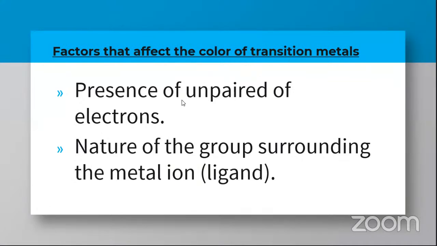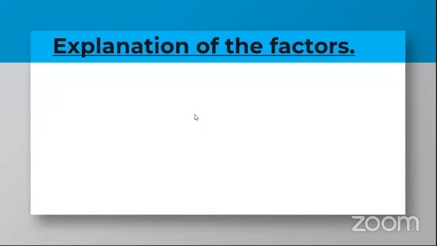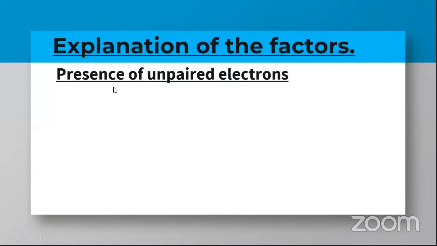So far we have these two factors that affect the color of transition metals. Let's look at the explanation of those factors. We start with the presence of unpaired electrons.